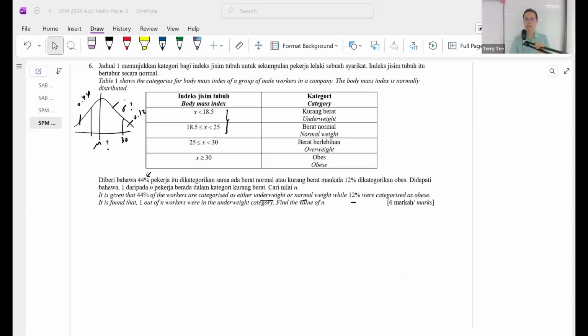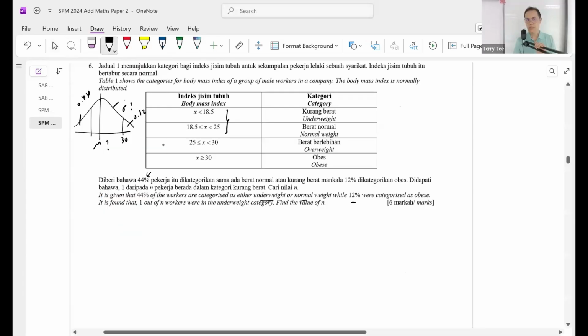Okay, sorry guys. I think the question is a bit misleading here. They say 44% is either underweight or normal weight, right? Either underweight or normal weight, so meaning up to 25 here.